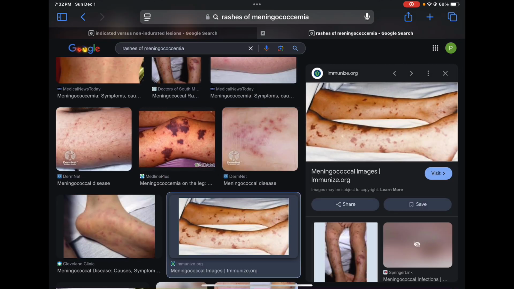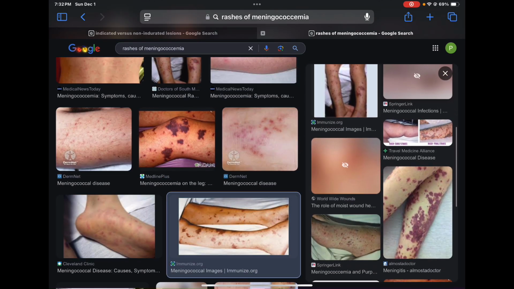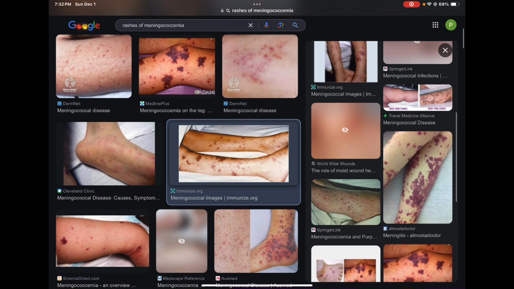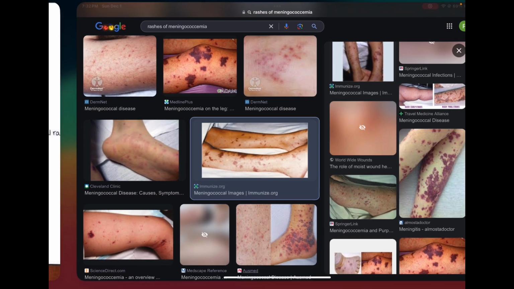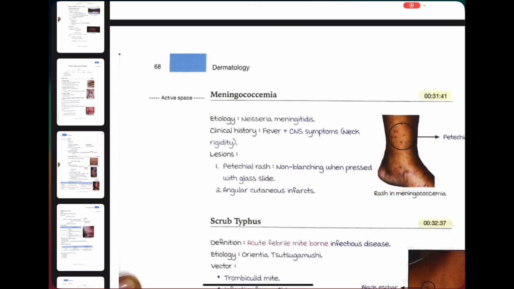So they don't blanch, they are non-blanching rashes. And there are also angular infarcts.